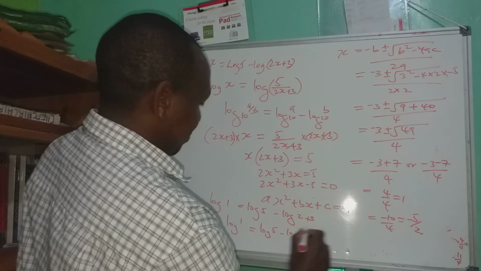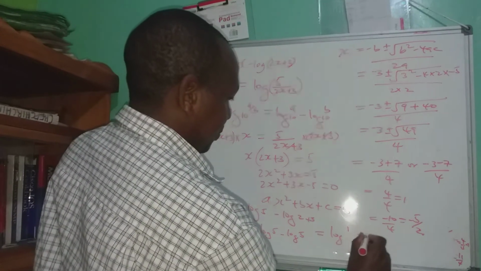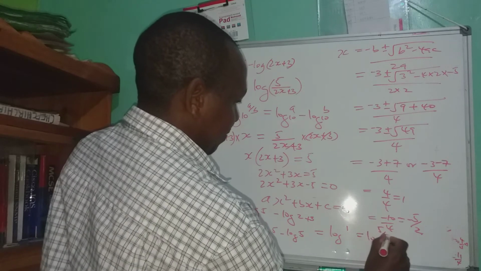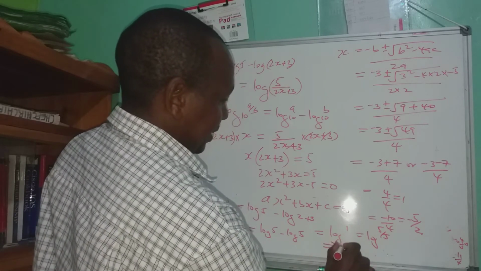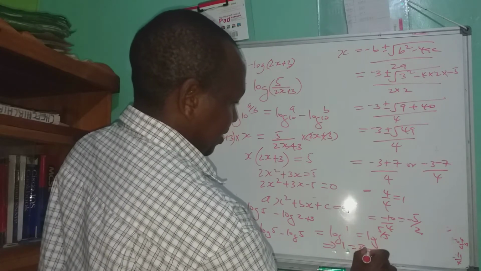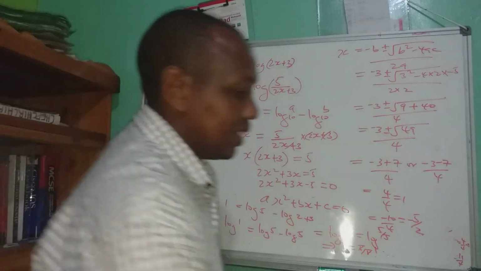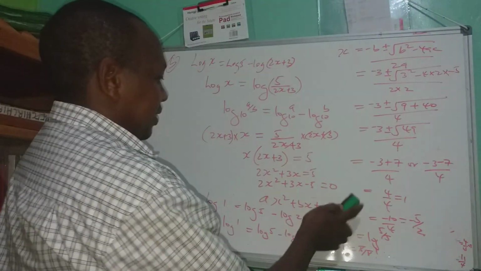And this is the same as logarithm of 1 is equals to logarithm of 5 over 5, which means that 1 is equals to 5 over 5, which is equals to 1. So we can prove that. That is how you solve that equation.